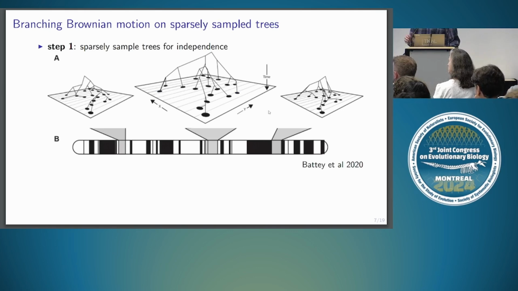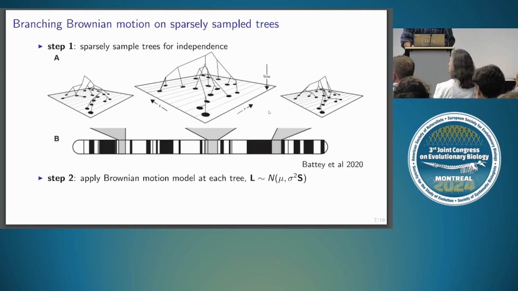Step one is that we do the simplest thing possible here. We take our sequence of trees, and we sample trees sparsely across the genome so that the trees are relatively independent from one another, and that allows us to apply our Brownian motion model independently at each of our sampled trees. Applying the Brownian motion model is just like in phylogeography.